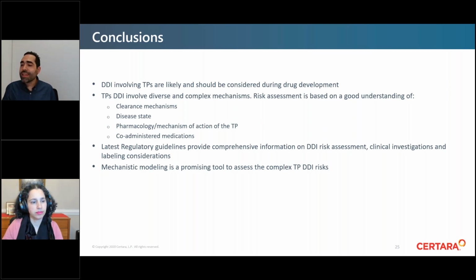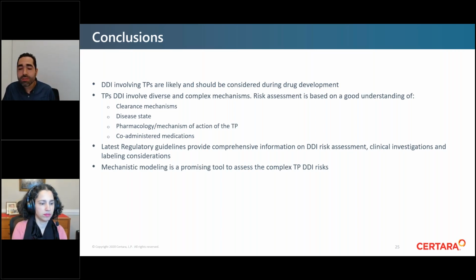I don't have the exact answer. It's true that I tried to find another example with a more significant effect, but I was not able to find it. This one for evolocumab was an interesting one because when you look at their data, it was very nice. They evaluated the impact on the exposure to evolocumab, but they also have data on the expression of the target.